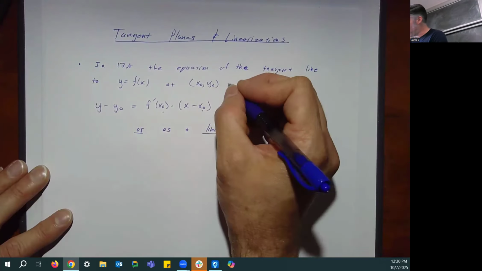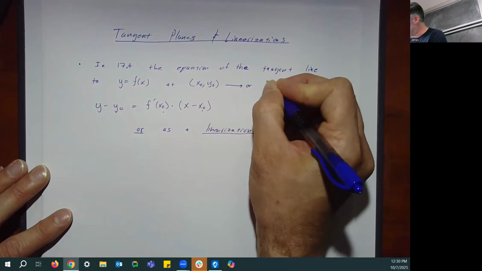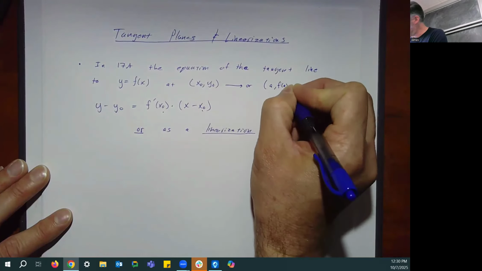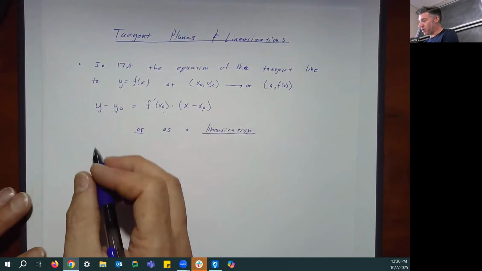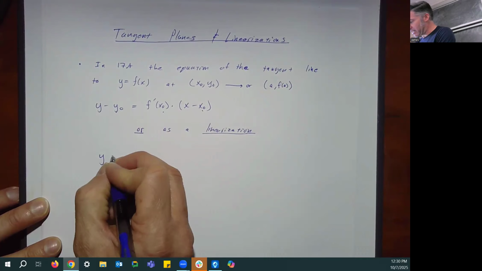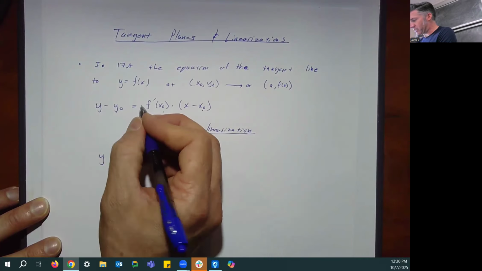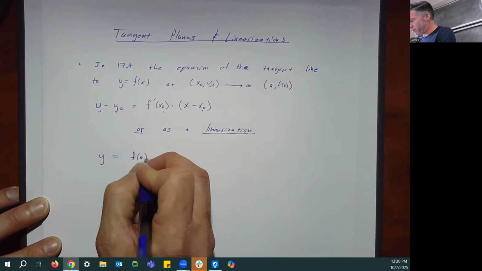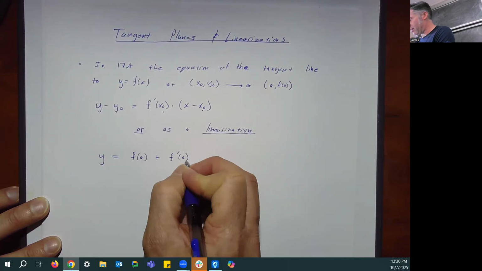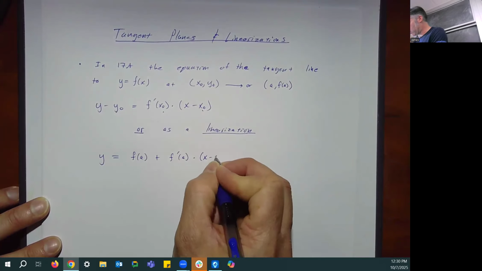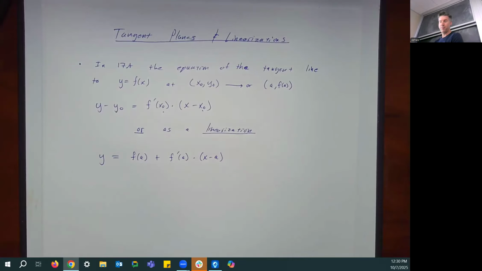We can use x naught and y naught, or we can use a and f of a. Same idea, it's just an x coordinate and a y coordinate. So then we would say y equals, we bring the y naught over to the right-hand side, but it's your f of a now, and it's the slope f prime of a times x minus the x coordinate, which is x minus a.